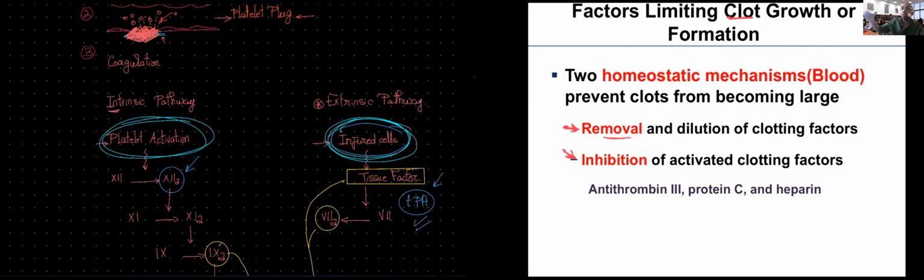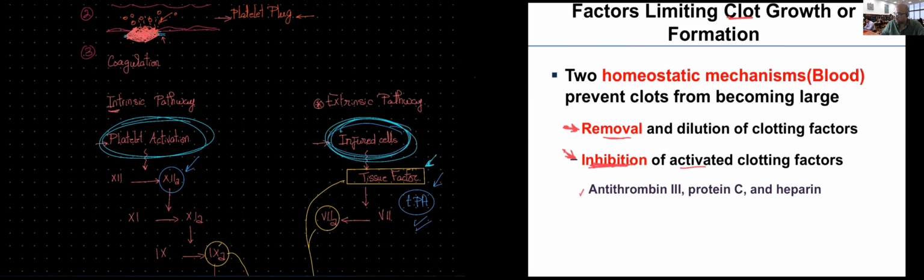And as I move away from the site of injury, those chemicals that enhance the activation of the coagulation factors are going to be removed and diluted. So they won't be effective away from the site of injury. Another factor is that you have blood clot formation inhibitors circulating normally in your bloodstream.